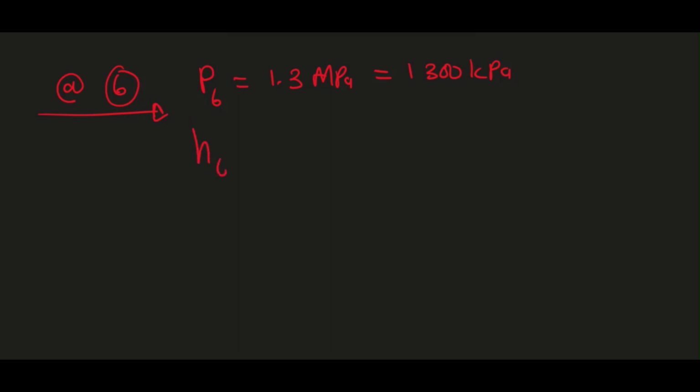So H6 is equal to HF at P6, which is 814.59 kilojoules per kilogram. Okay, cool. Yeah, that's all we need for now.